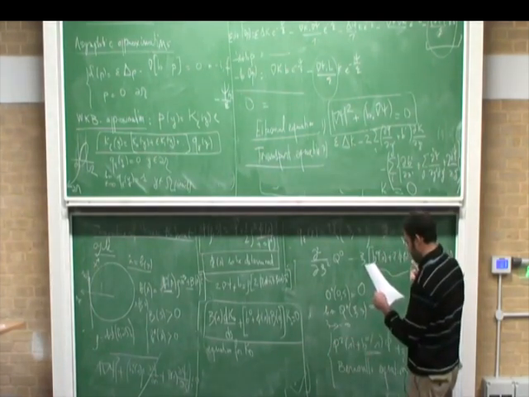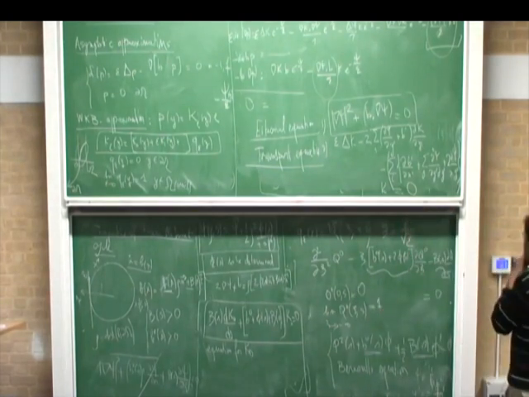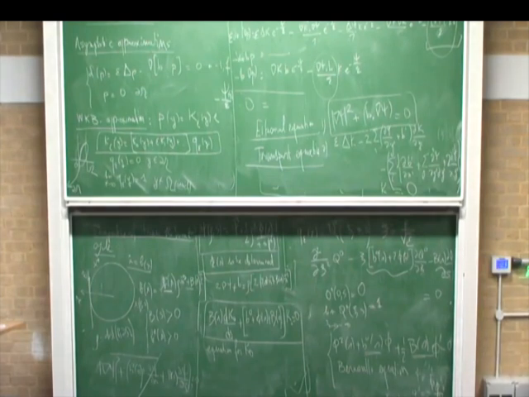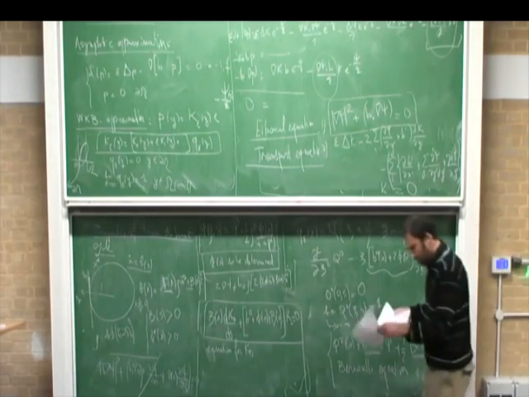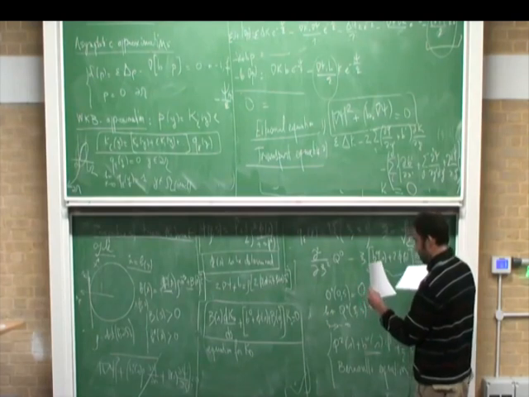I want to make sure I haven't made any mistake here. Yeah, okay, 2 phi, this is correct.